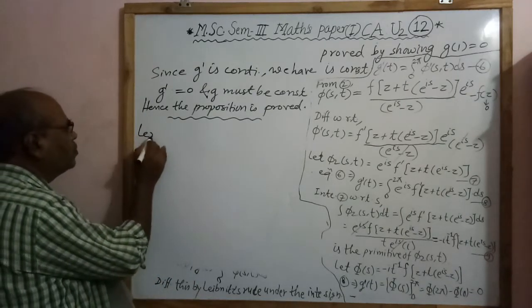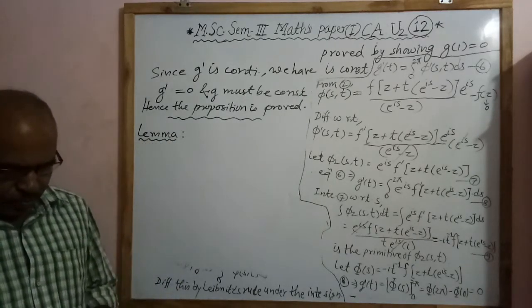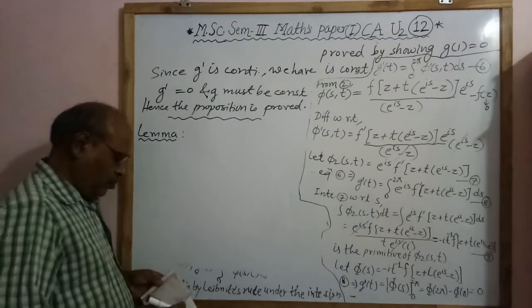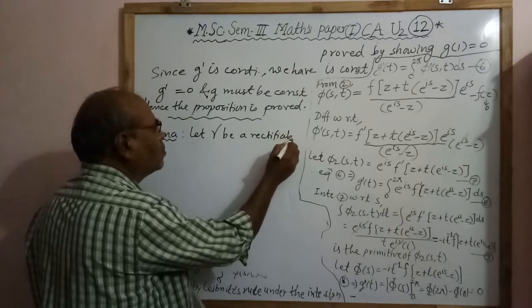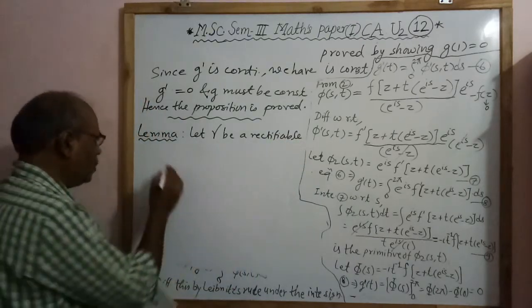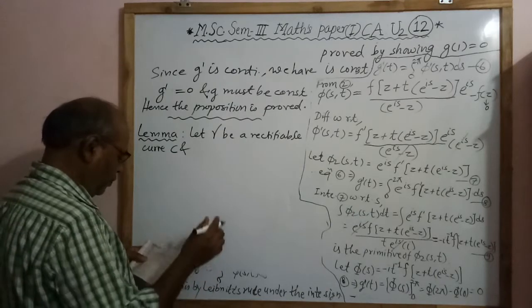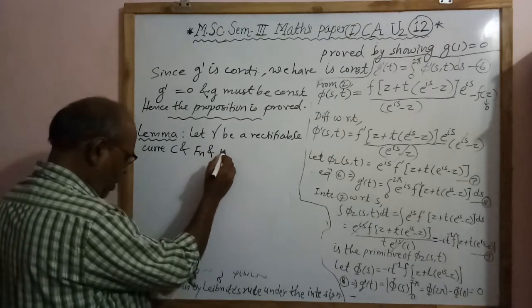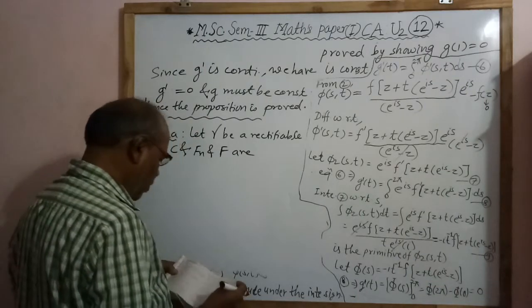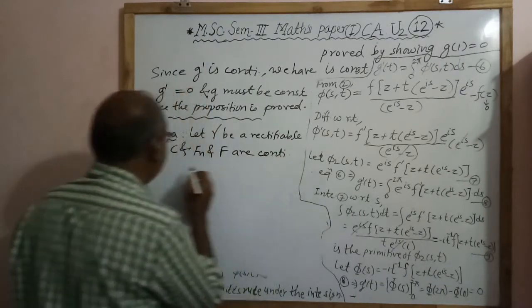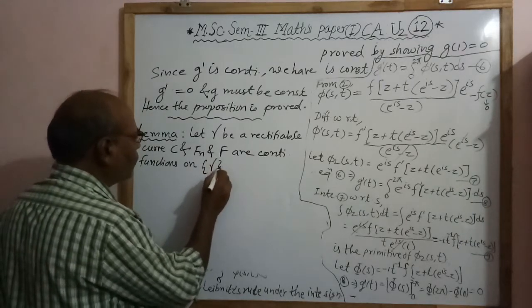Next one is the lemma. Let gamma be a rectifiable curve and fn and f are continuous functions on the curve gamma.